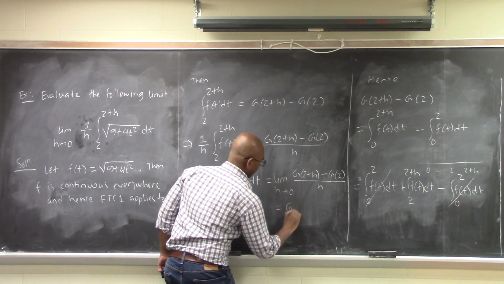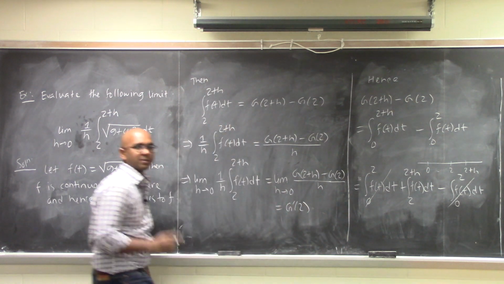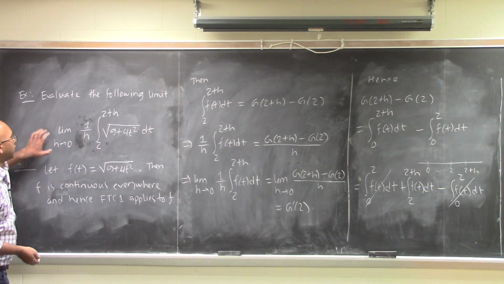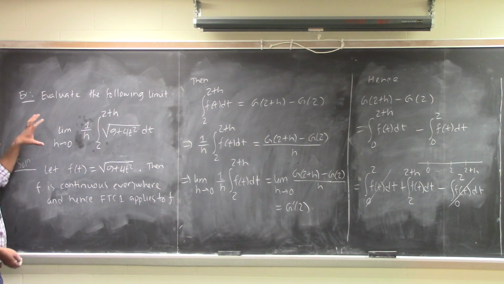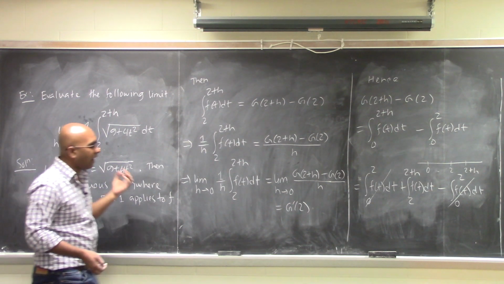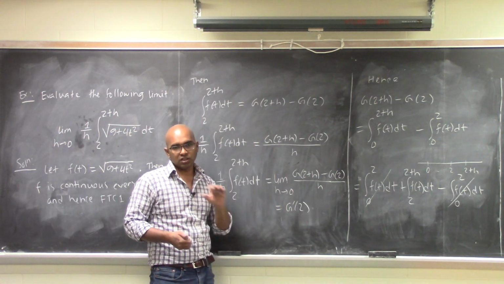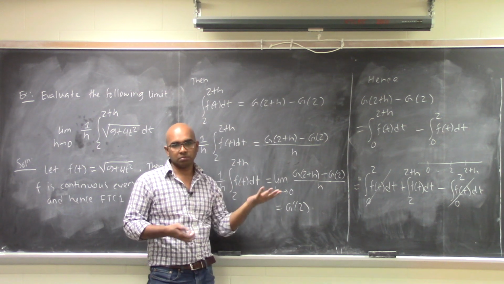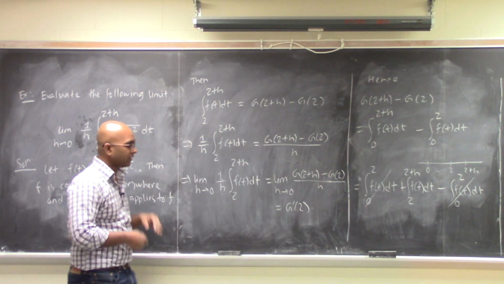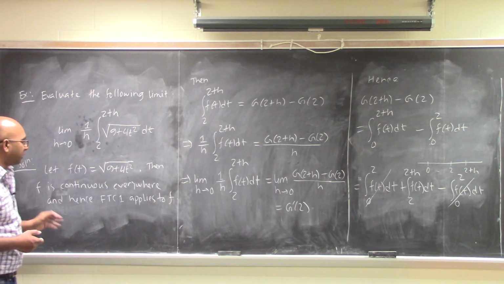That is g prime of 2. So what are we looking for actually? It says evaluate this limit. Basically it is saying find g prime of 2, the slope of the tangent to the graph of g at 2. The same question written in different language.